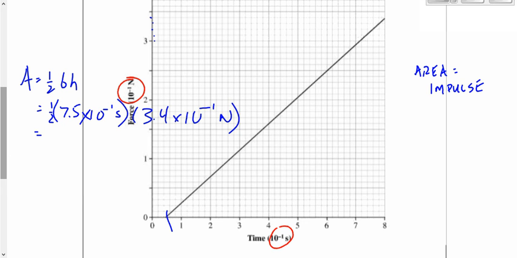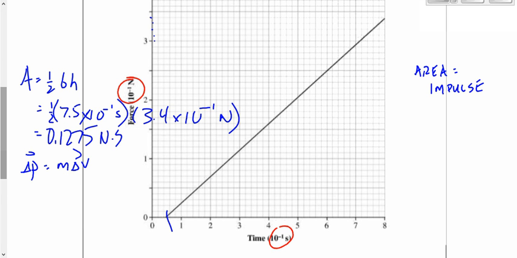Now I'm going to calculate that area. It is not my final answer, but it does put me well on the way to the final answer there. The area of that is 0.1275. Now I'm going to say delta P is equal to m times delta V. You see how they're all pretty much the same?